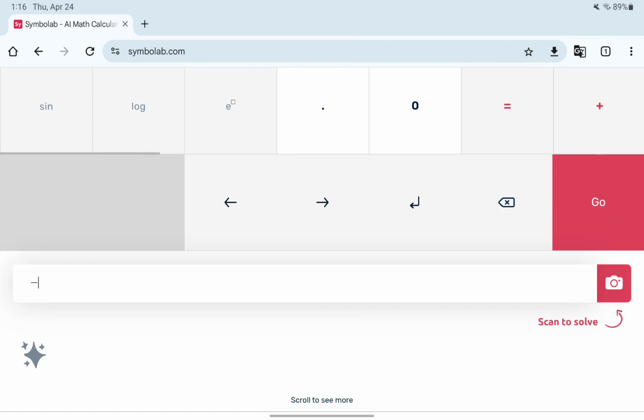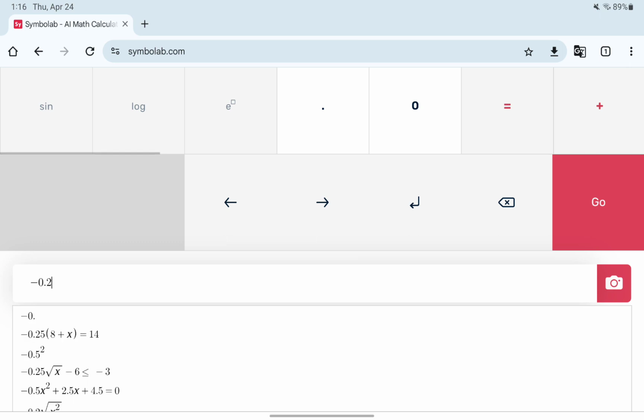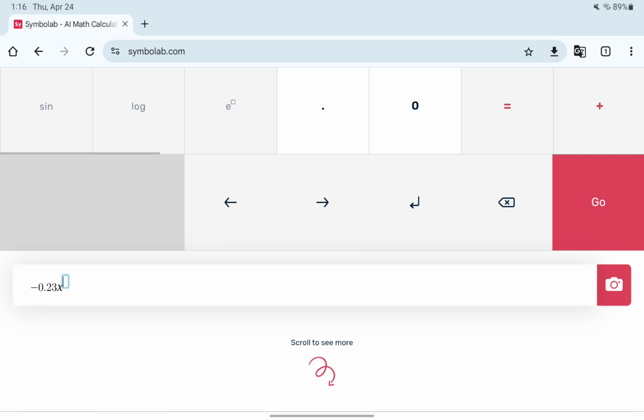What we would do is enter in our revenue function. Whenever you're in Symbolab, once we start using exponents, you have to press the arrow key or tap or somehow move out of that exponent.